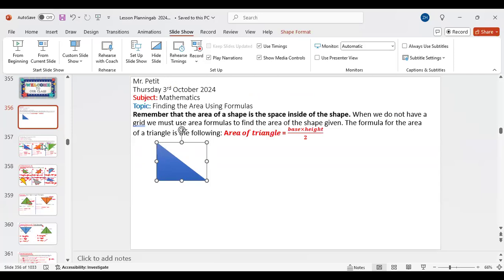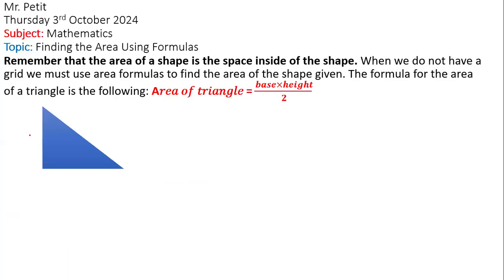Let's say that for this one, this side is 9 centimeters. Remember this is a 90 degree angle. This side is 2 centimeters, say. And this side is 10.